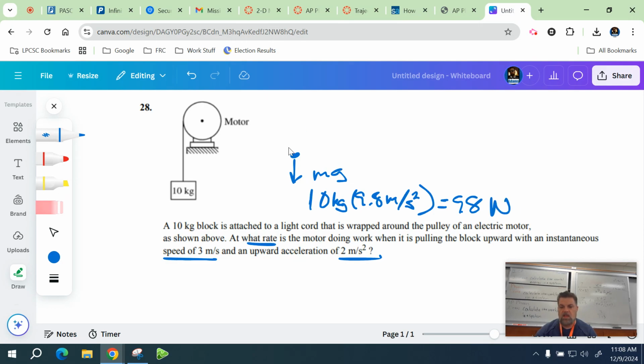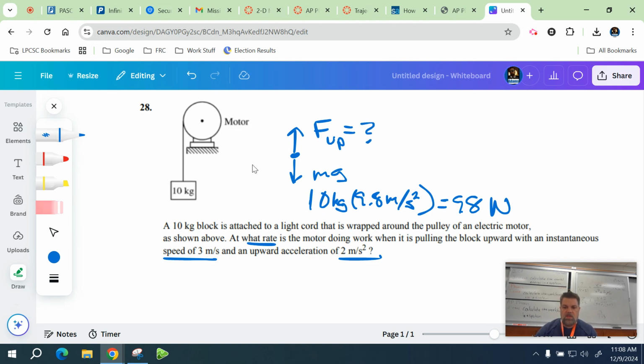Okay, but the motor is pulling up, and so to figure out how much the motor is pulling up, we essentially have to figure out the force that's going up. We'll just leave this as a question mark, we'll call this the force going up, right?